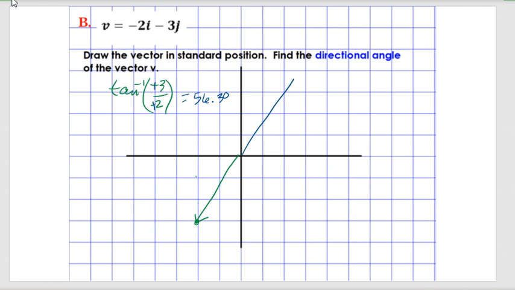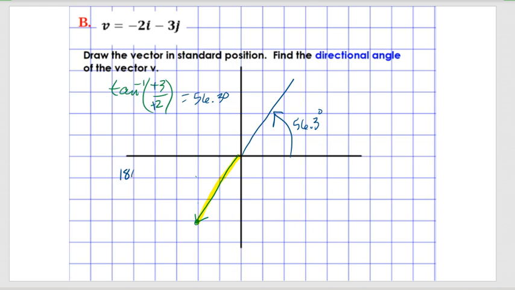Now, where 56.3 degrees ends up is somewhere up here. So 56.3 degrees does not represent this one down here, which is the one I want. So what do we have to do?